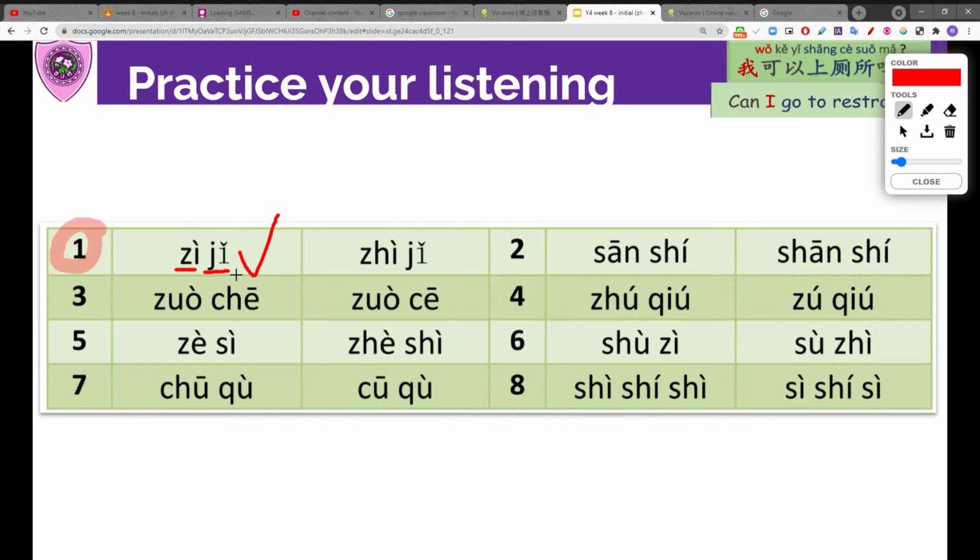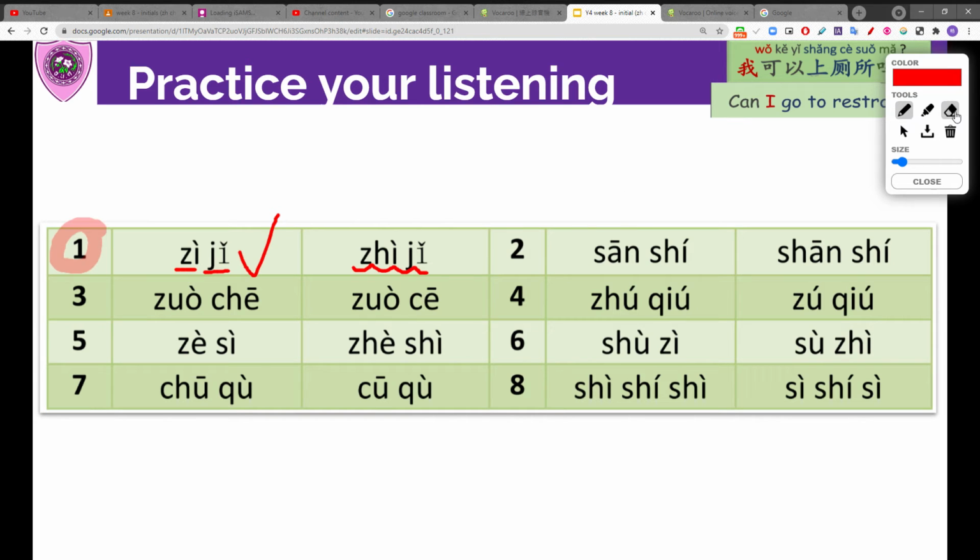If I was saying the other one, I would say the word like this. Just hear the difference. But the correct answer is the first one, 自己.